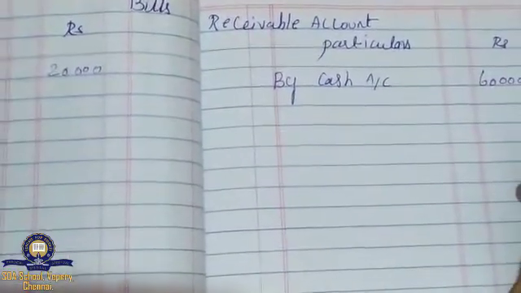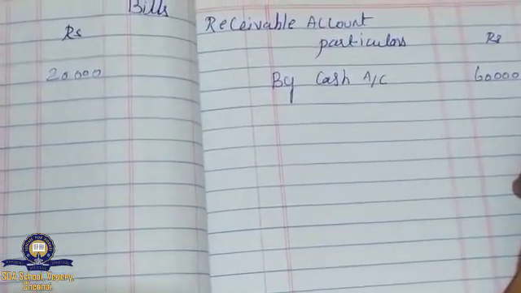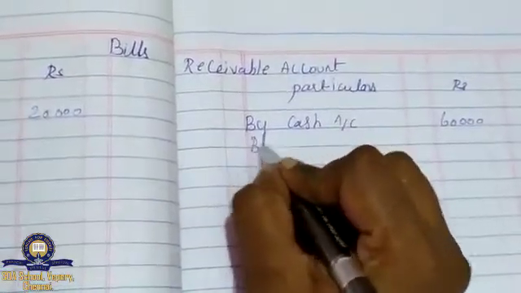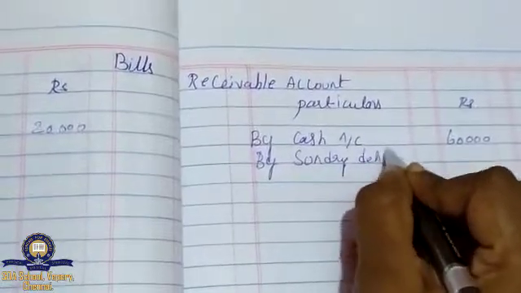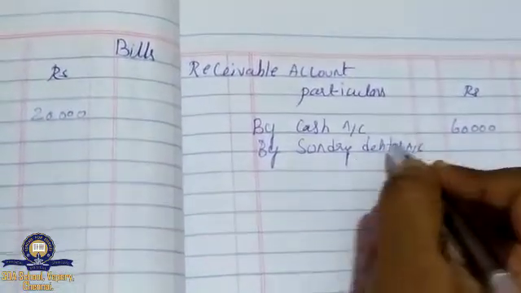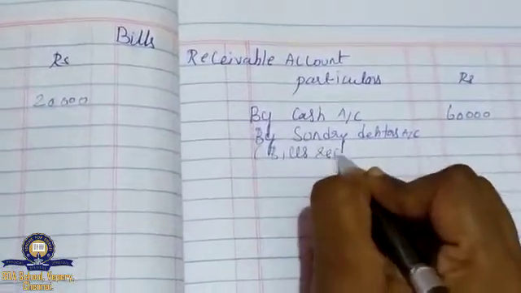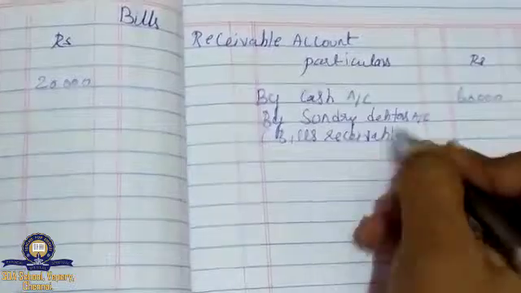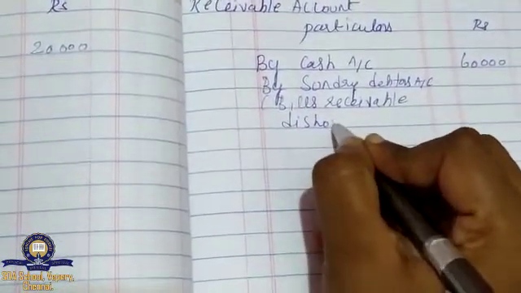Next is bills receivable dishonor. Bills receivable dishonor means sundry debtors account.